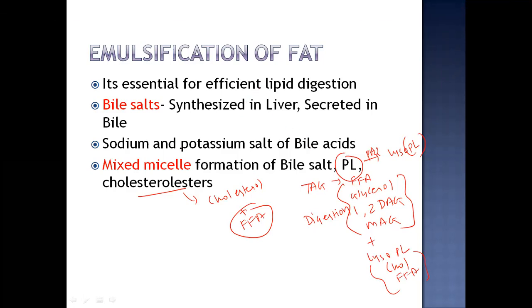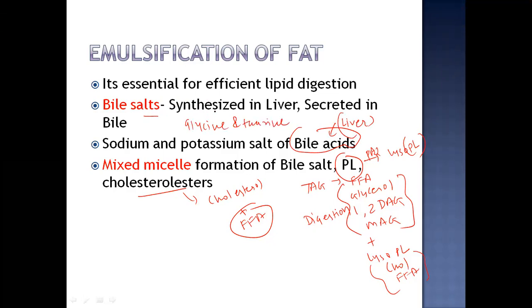So here, there will be formation of a compound from all this digested product and bile acids which are produced in the liver. Okay. More about these bile acids or bile salts we will discuss separately when we discuss the metabolism of bile acids. But right now remember, what are the bile salts? Basically bile salts are derived products of glycine and taurine.